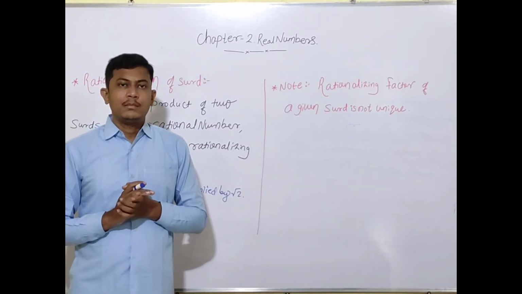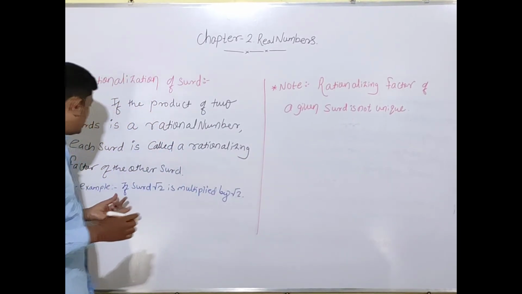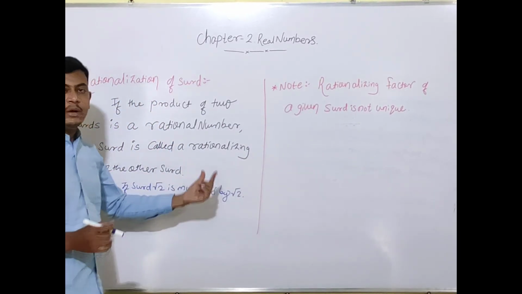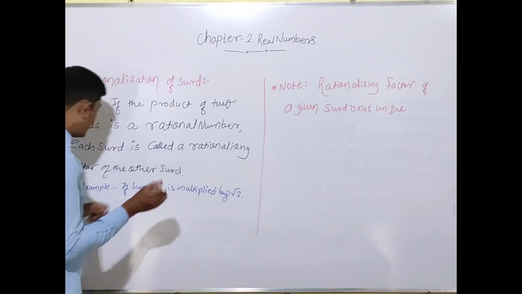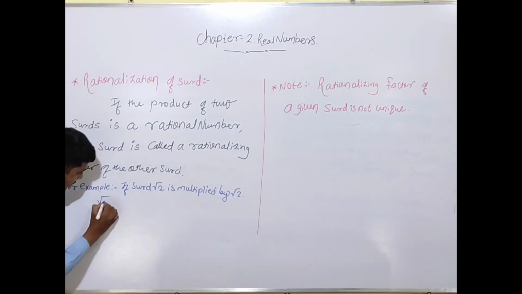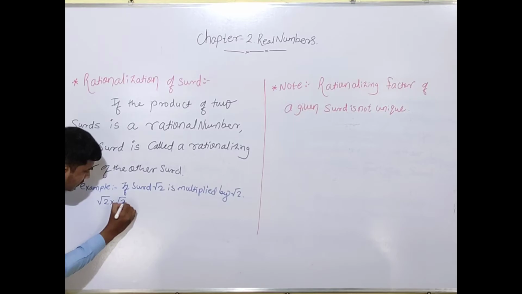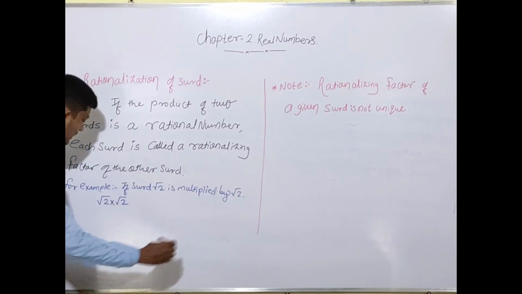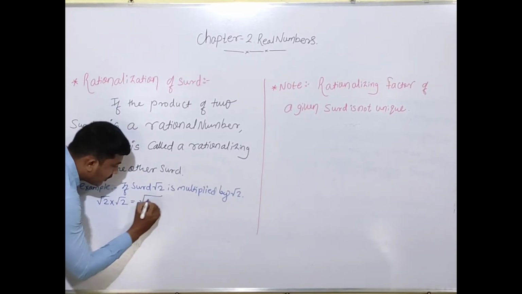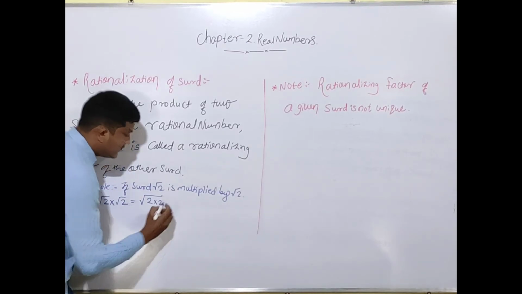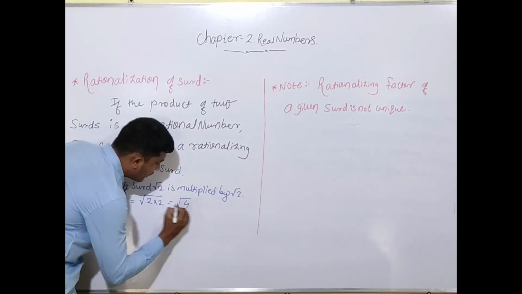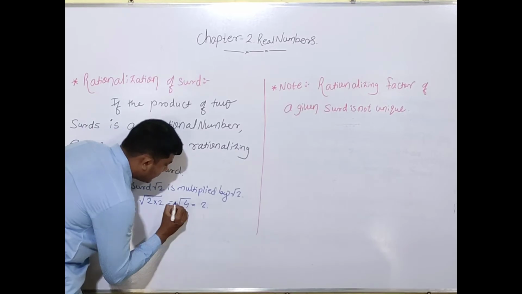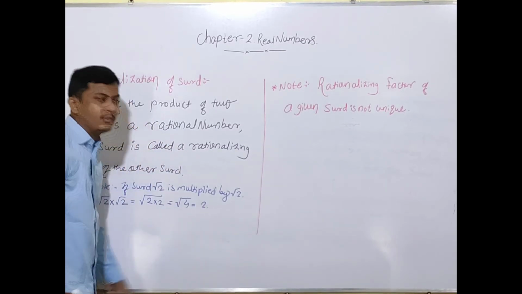With the help of an example, we will see. If the surd root 2 is multiplied by root 2, what will we get? Root of 2 multiplied by root of 2, as per the property, is root of 2 into 2, that is root of 4. Square root of 4 is simply 2.